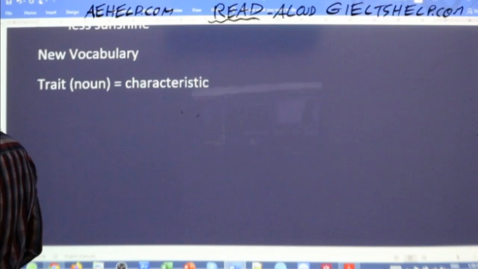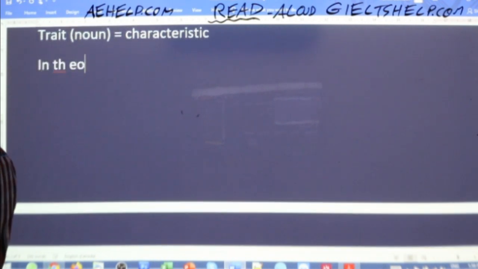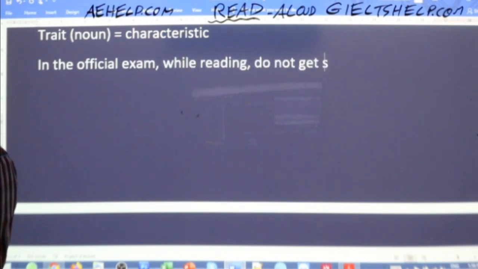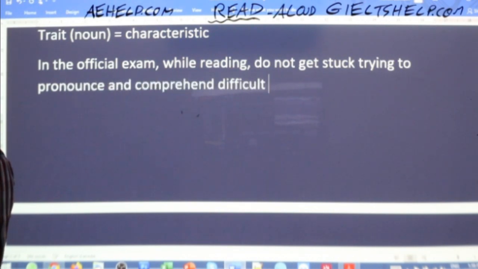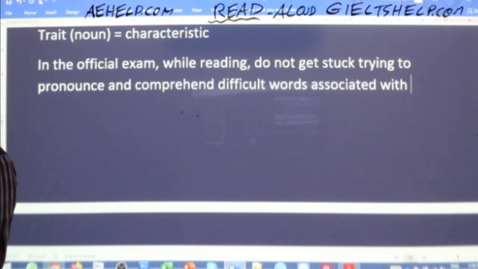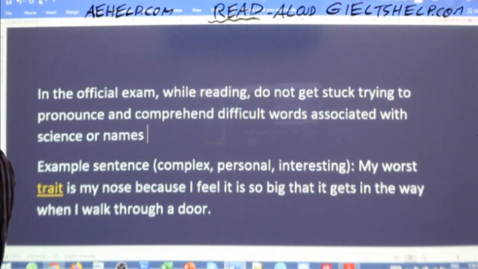So even when you're reading, of course, quietly in your mind, in the official exam, while reading, do not get stuck trying to pronounce and comprehend difficult words associated with science or names of people.